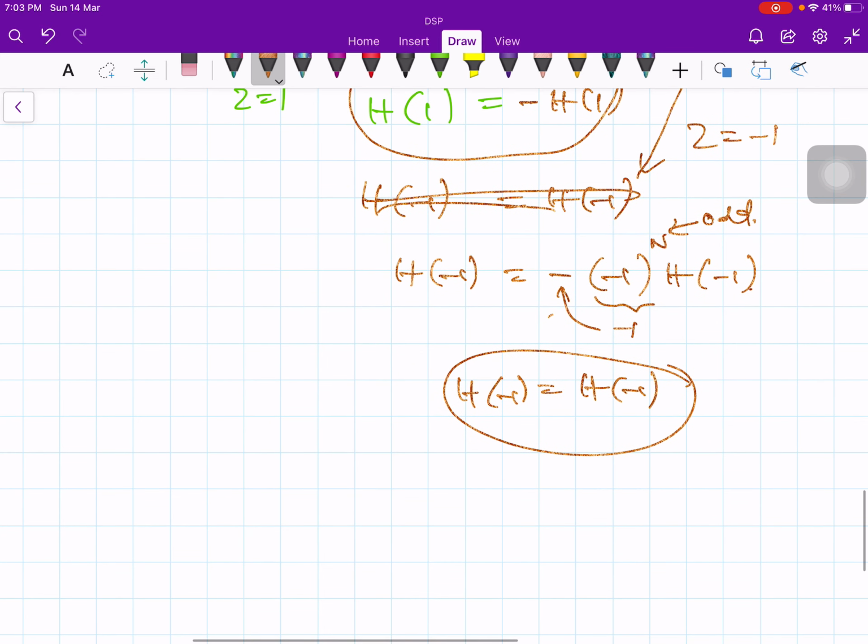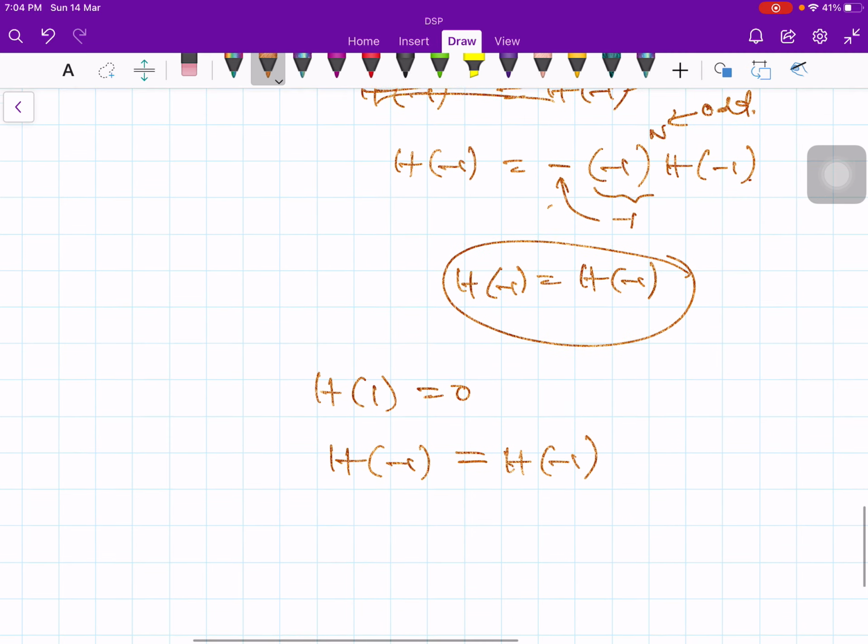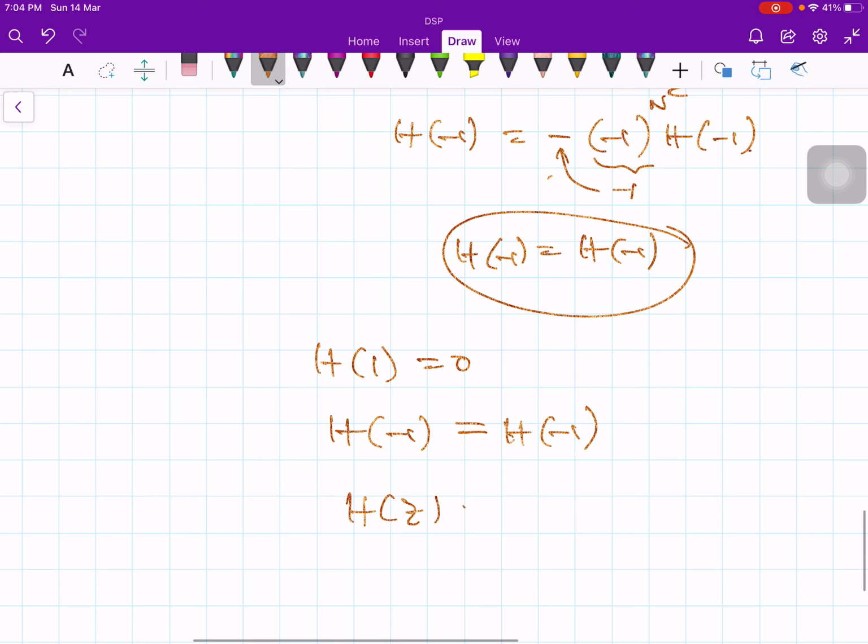In other words, H of 1 is equal to 0 and H of minus 1 is equal to H of minus 1. That means H of z has a factor at z equal to 1, that means it has 1 minus z to the minus 1 times H1 of z.